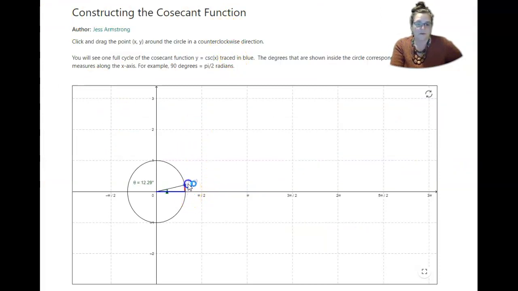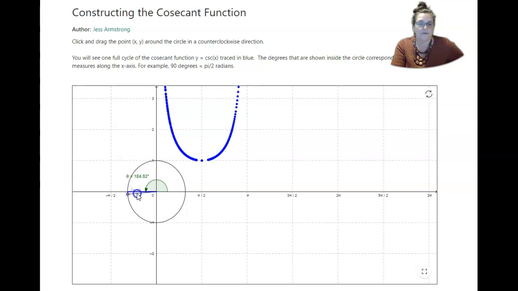So constructing the cosecant function, we're going to go through this simulator. So starting in quadrant 1, you can see as the angle gets closer and closer to 45, the function is decreasing, right? Then as we approach pi over 2, that's where we hit our relative minimum, and then in quadrant 2, we come back up and head toward that vertical asymptote at pi.